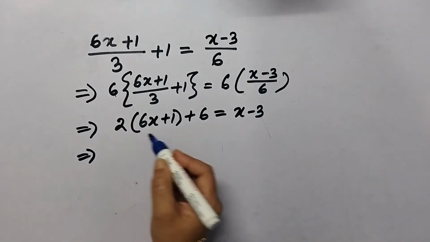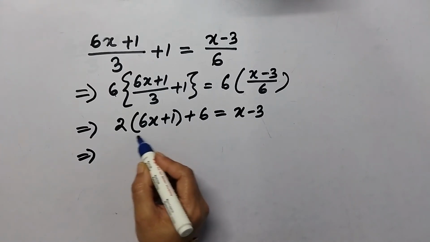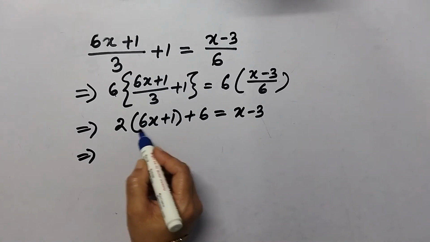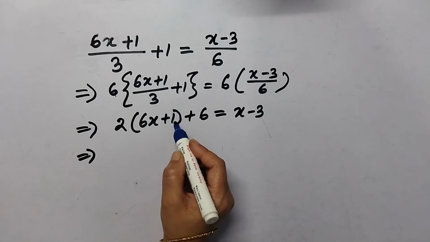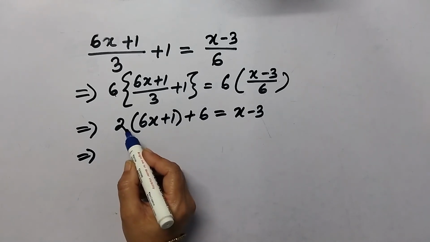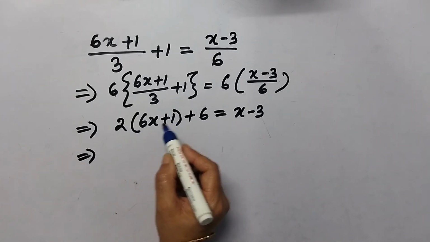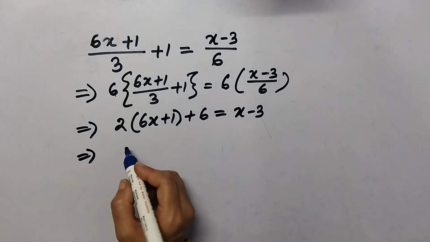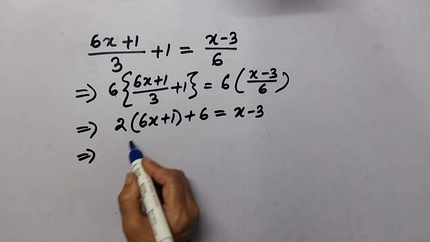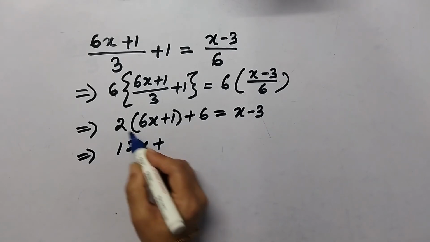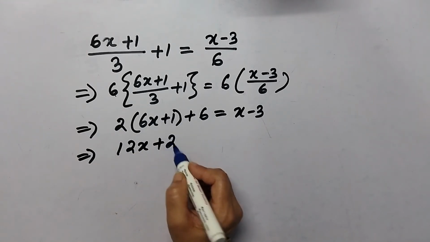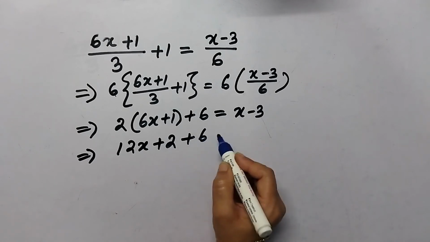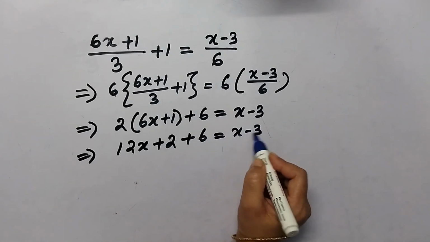Now we have to simplify again. When there is a bracket, we remove it by multiplying each term inside the bracket with this 2. So 2 times 6x is 12x, plus 2 into 1 is 2, plus 6, equal to x minus 3.